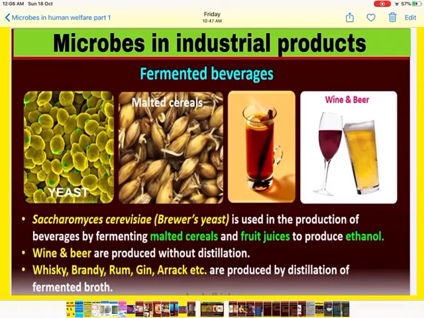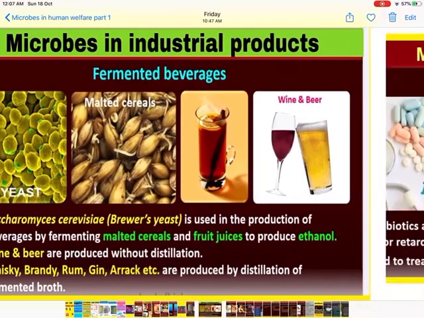So, we are doing distillation. If we do the distillation of the fermented broth, we get whiskey, brandy, rum, and if we do not do any distillation, then we get the wine and beer. These are the fermented beverages.